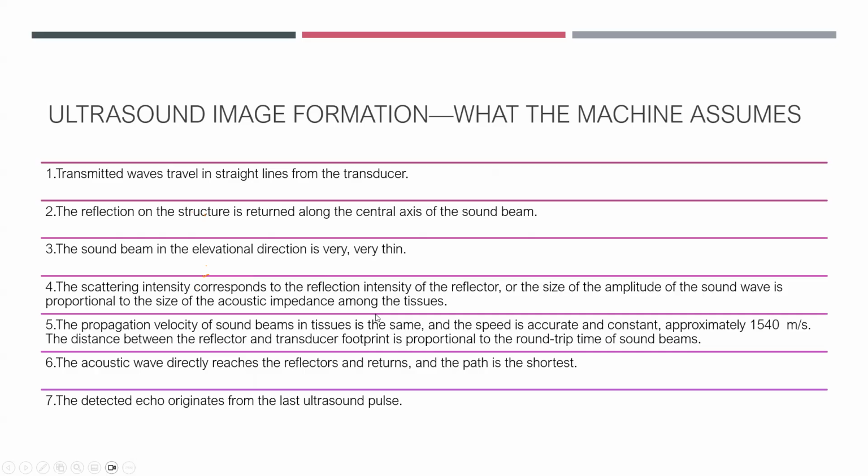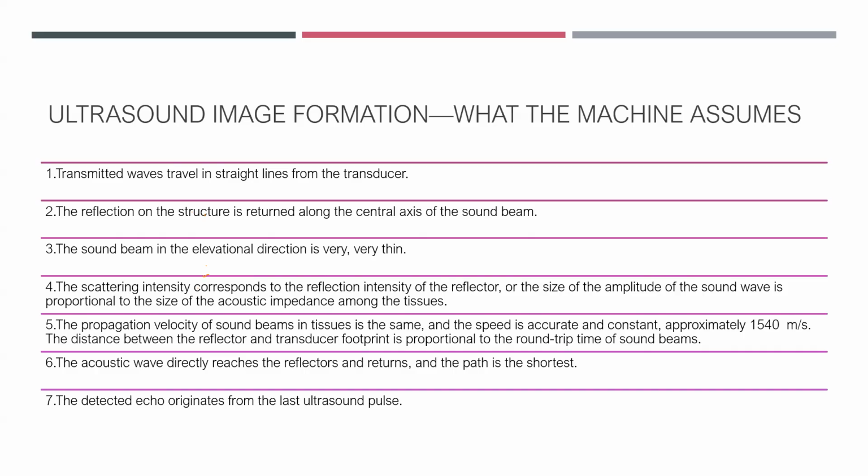It also assumes that the amplitude of the sound wave is directly proportional to acoustic impedance, and I'll describe that in great detail. But actually, what we know is that acoustic impedance is a property of tissue, and the acoustic impedance of skin versus bone versus soft tissue versus CSF versus blood varies. And this creates a concept that we call scattering that we'll talk about.